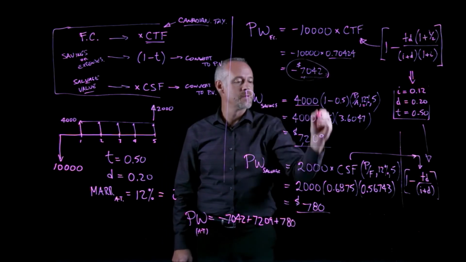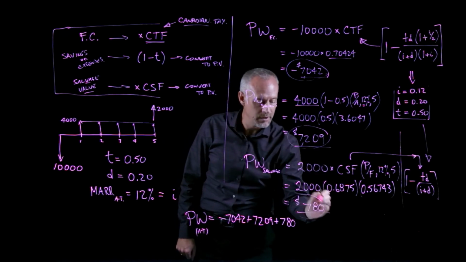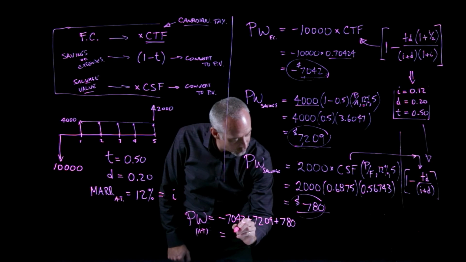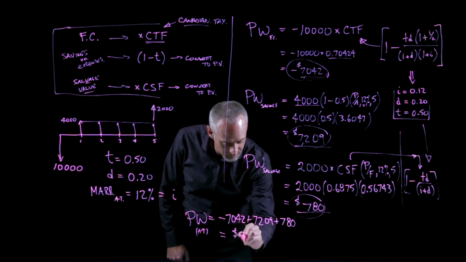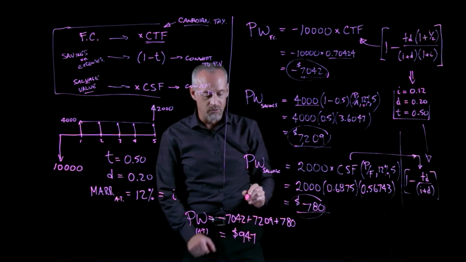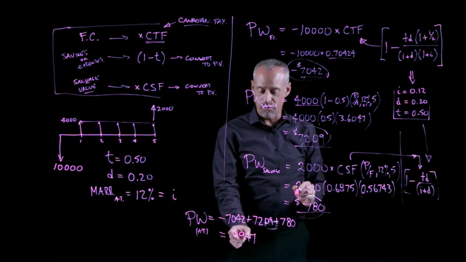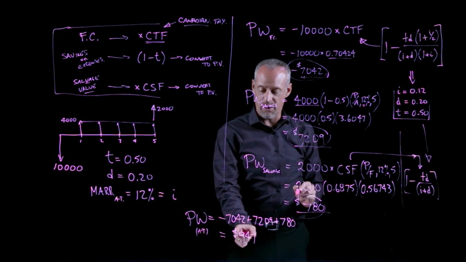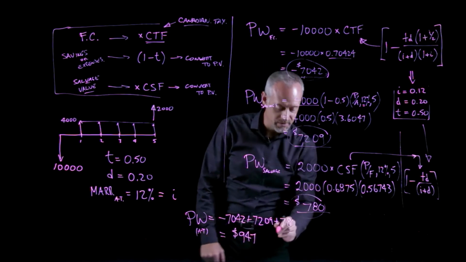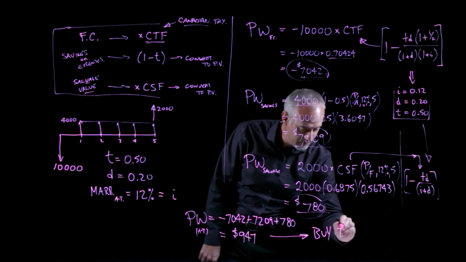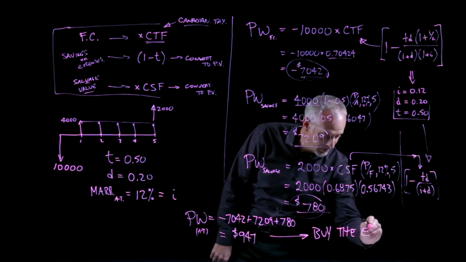So this, and this, which gives us a present worth of 947. So recall that when we do a present worth analysis using the minimum attractive rate of return as the interest rate, we end up with a healthy positive number. That suggests that we should, in fact, buy the equipment.